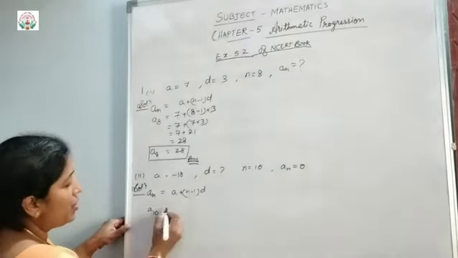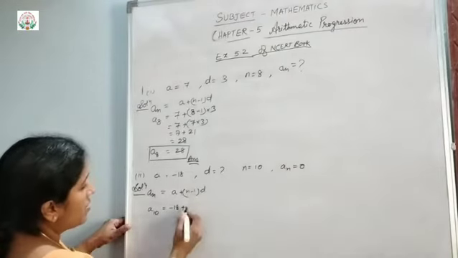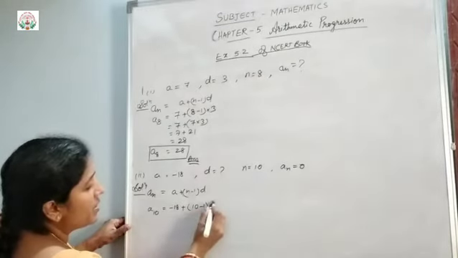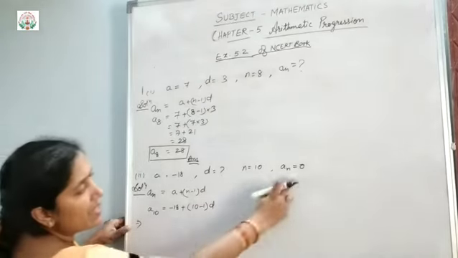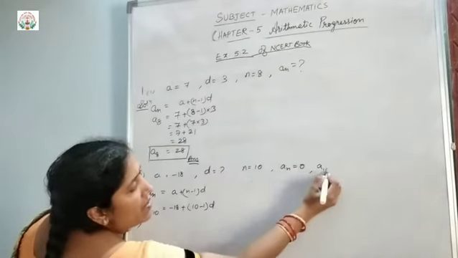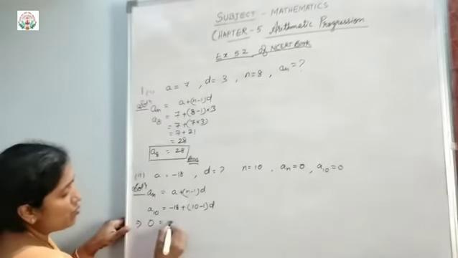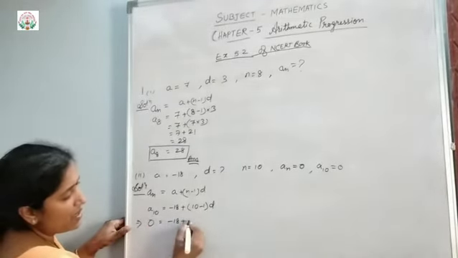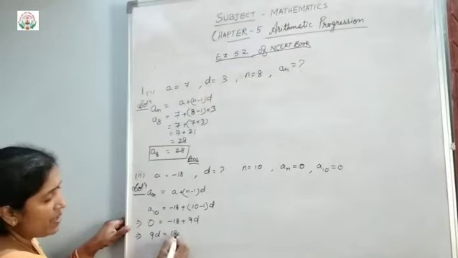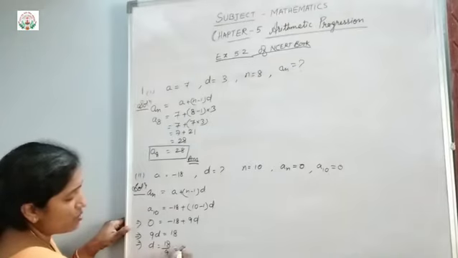So I can write A10 equals A value is minus 18 plus 10 minus 1 into D. A10, here the value of AN is 0. So 0 equals minus 18 plus 9D, implies by transposing 9D equals 18, implies D equals 18 upon 9, which is equal to 2.